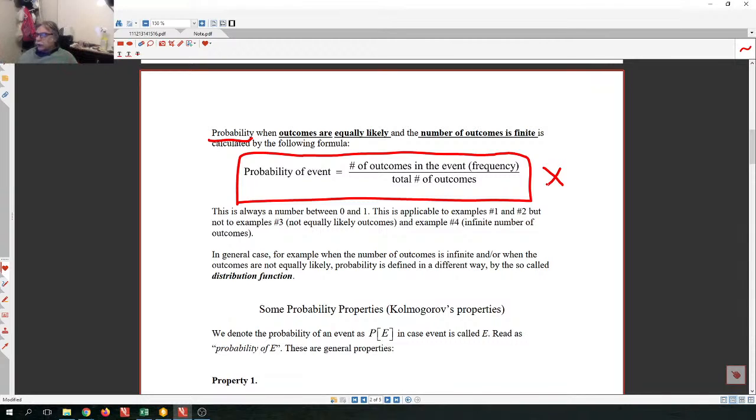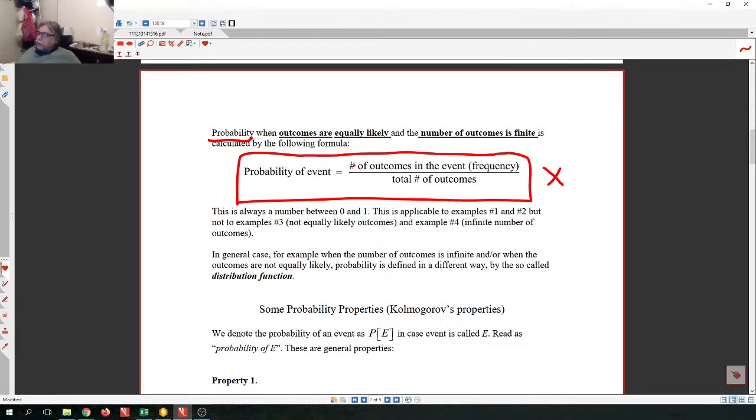Only where the outcomes are equally likely and the number of all of the outcomes is finite, which means the sample space is finite, is this formula to be used. If one of the conditions is missing, or both, then you cannot use this formula.